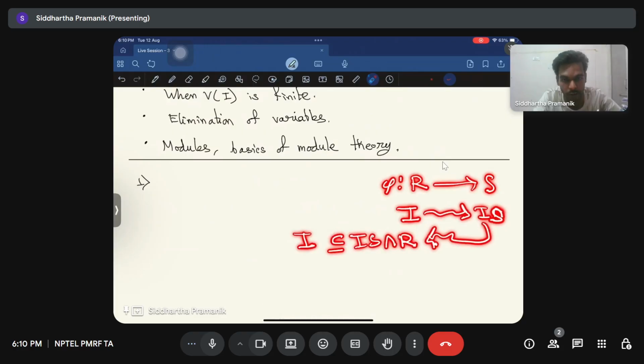But in our previous live sessions, we have seen some examples where this equality may not hold.